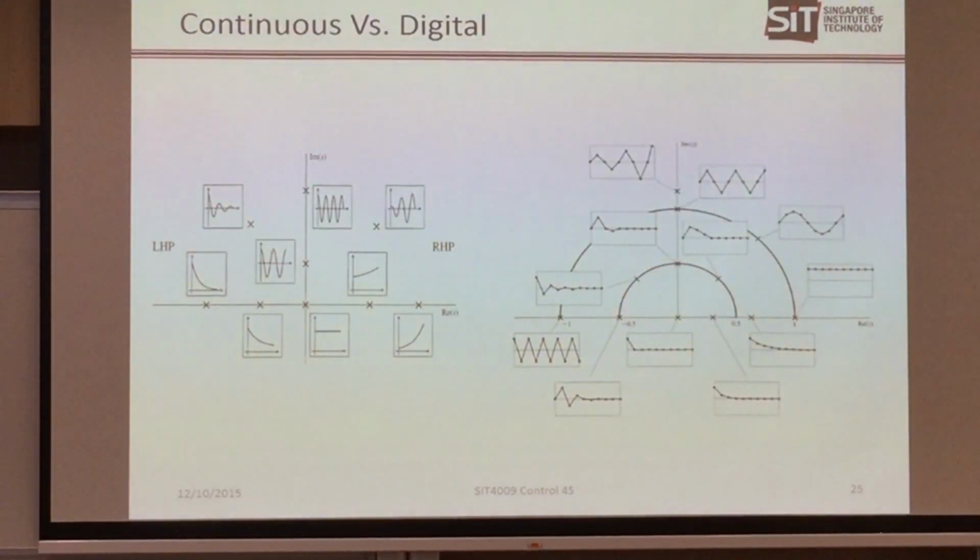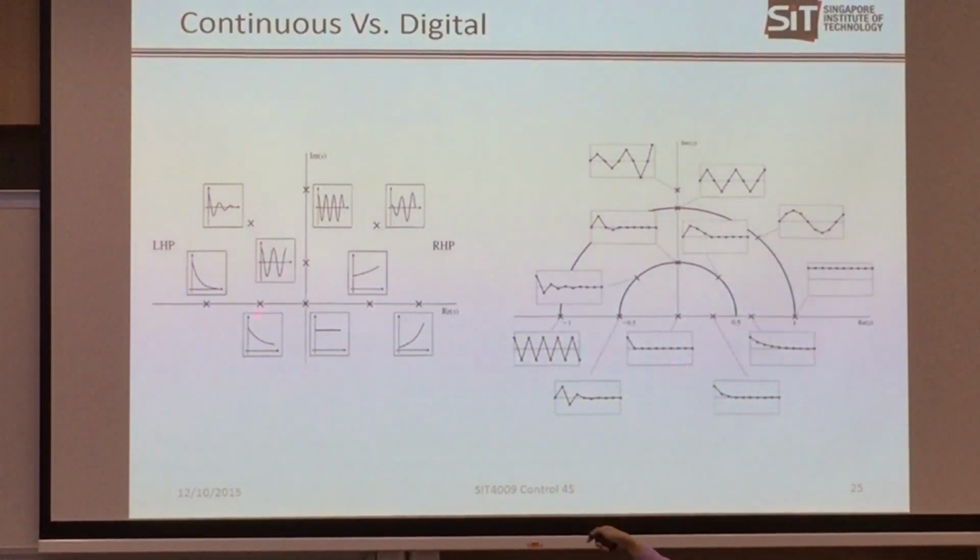So now finally we are able to map. Okay? Last two weeks we have reviewed how to map the axis, the region. Now you put this continuous domain, your S domain, to your Z domain, right? Basically your left-hand plane represents the area inside the unit circle, and your right-hand side represents outside of the unit circle.